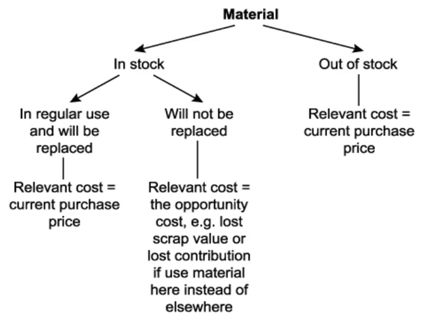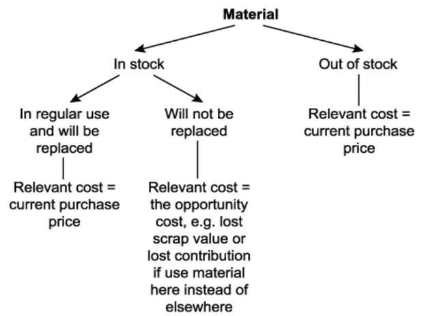So I'll start with a summary of how to arrive at the relevant cost of materials for short-term decisions. Whenever there is a special contract, whenever there is a job, but we need materials, then we shall have to find out what are the relevant costs for materials for this particular contract or job.